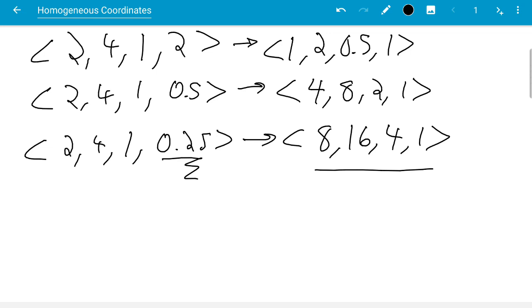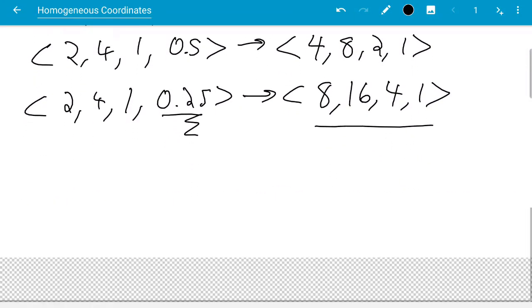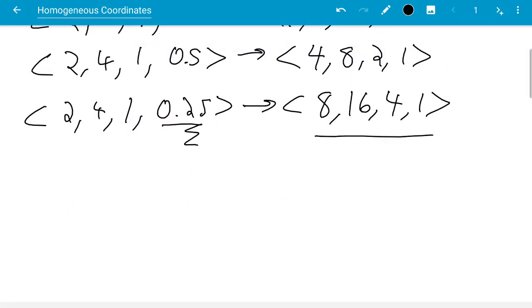And no matter what we do and change our w coordinate, we are essentially defining a line. We're defining a line of possibility here, where there could be an infinite number of points along this line, and the only difference between them is their w coordinate. So adding this extra w has us defining a line instead of a point using these 4 coordinates.